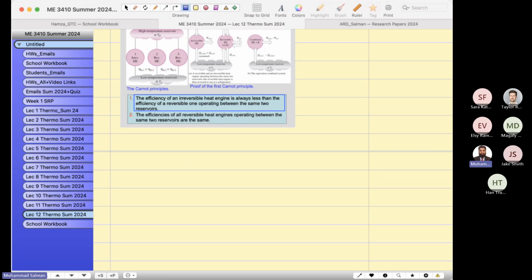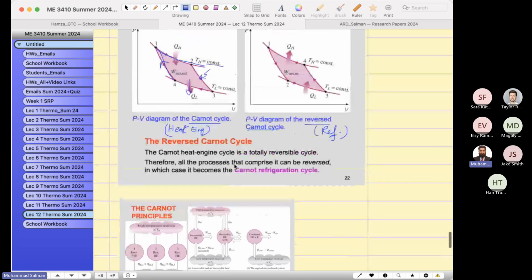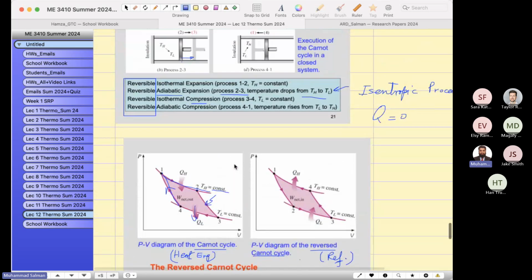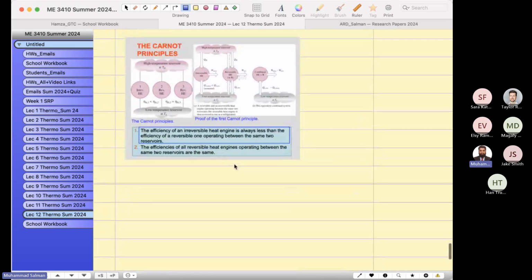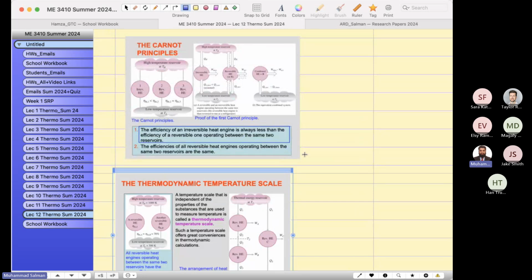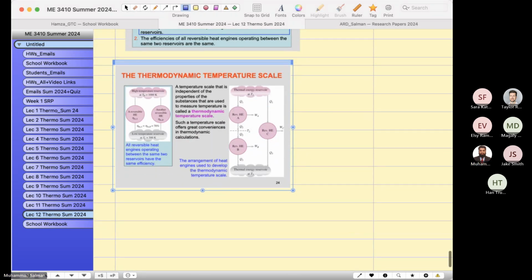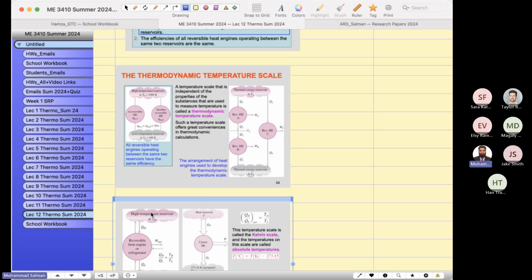As you can see, the purpose is just to explain that for reversible processes we don't lose the heat. For irreversible processes we lose the heat. And now I'm going to show you, don't worry about this slide much.